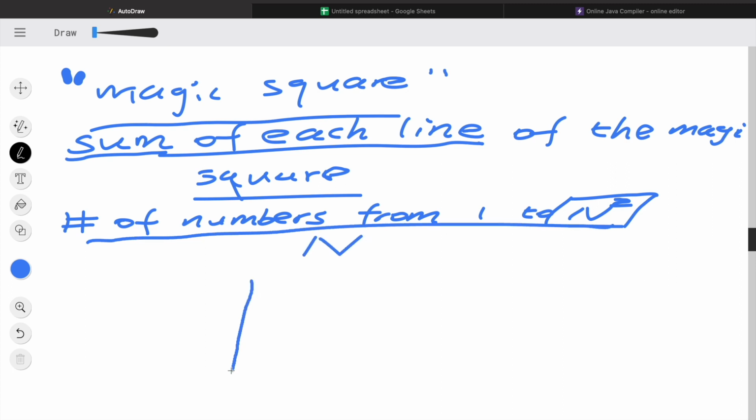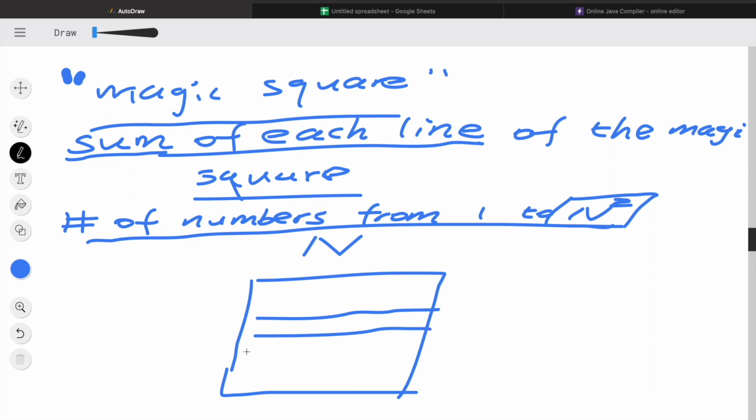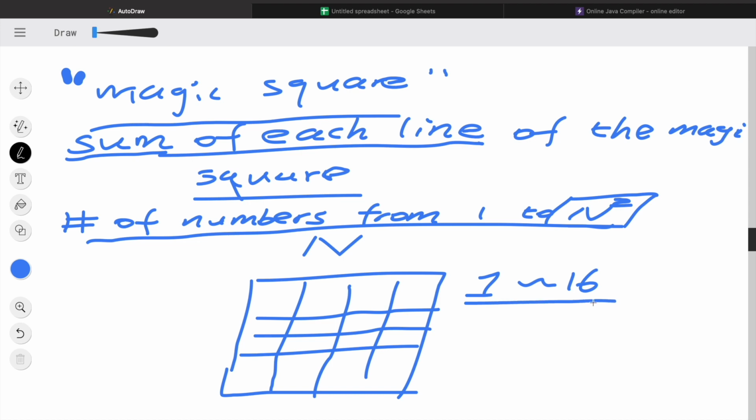So let's use 4 times 4 as an example. A 4 times 4 means that the numbers are from 1 to 16, and each number can only be used once.